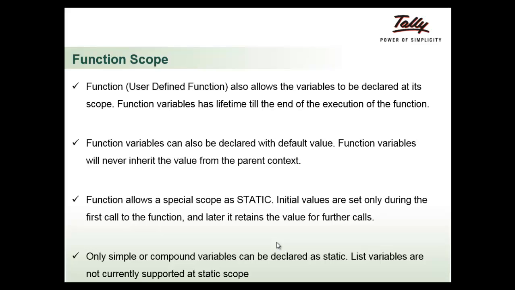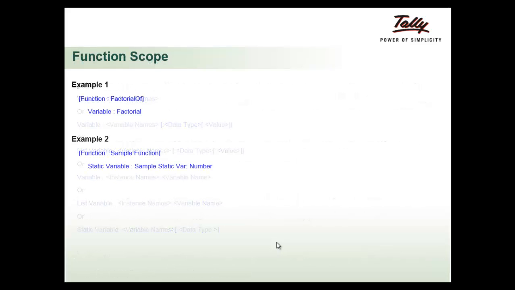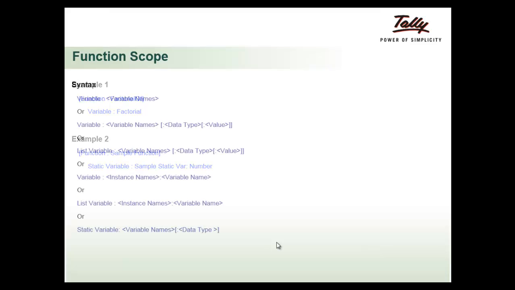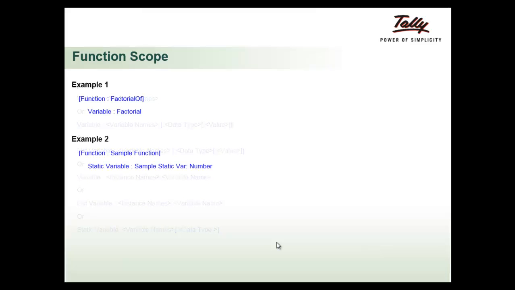Only simple or compound variables can be declared as static, whereas list variables cannot be declared in the static scope. So this is how you can declare the variables at the function scope.